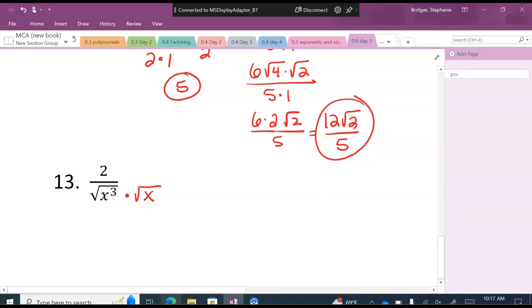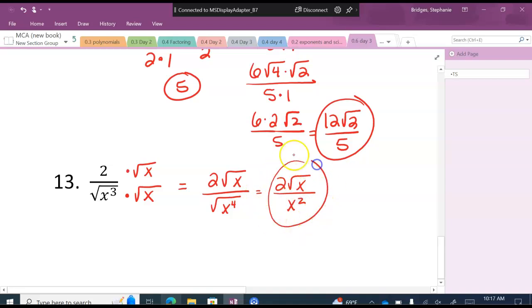Okay, and let's look at that. At the top, the 2 and the square root of x stay the same. At the bottom, the square root of x to the third times the square root of x is going to give me the square root of x to the fourth. And what is the square root of x to the fourth? X squared. Okay, that's your short way.